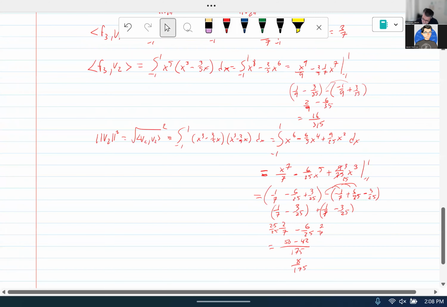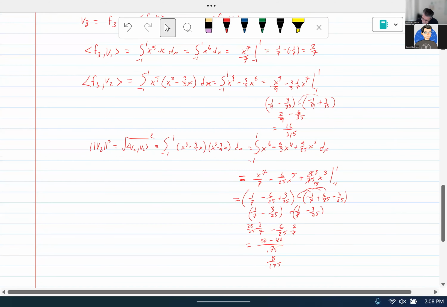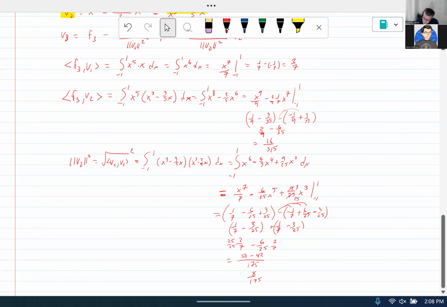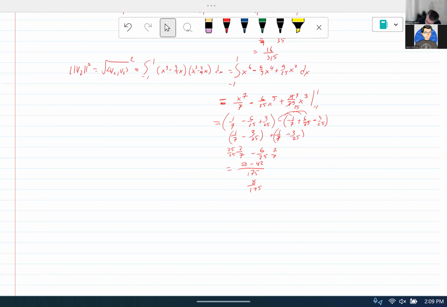Okay, so what's the goal here? The goal is we're still trying to find V3. We had to find all these difficult constants. Okay, so what is V3? Let's rewrite V3.